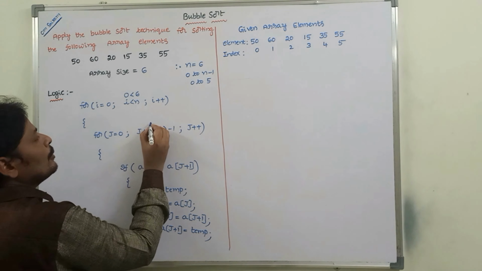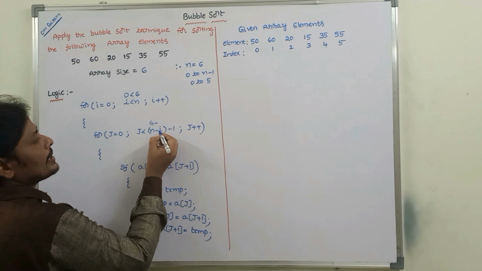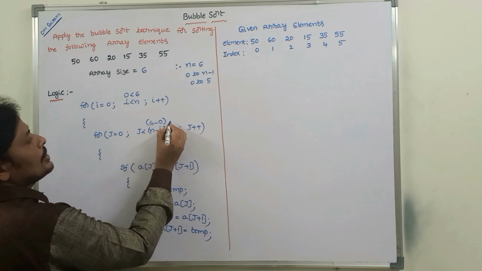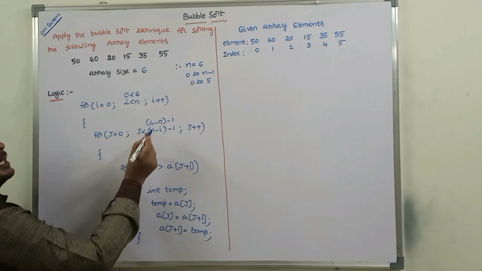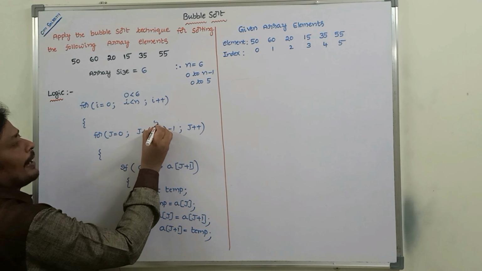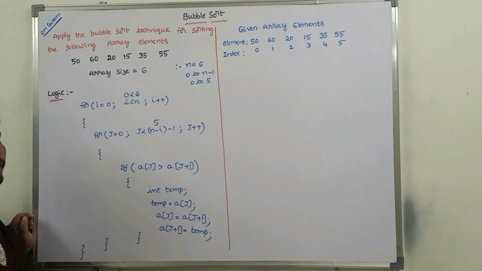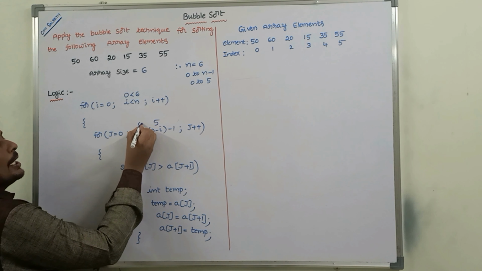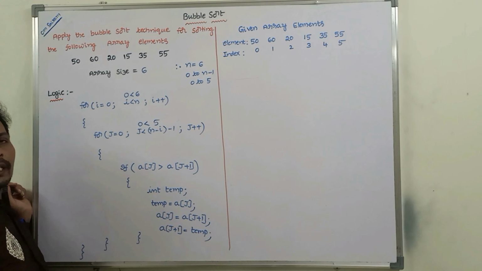Here n value is 6. 6 minus 0 minus 1, that is 6 minus 1, which is 5. j less than 5. The j value is 0, 0 less than 5, condition true.